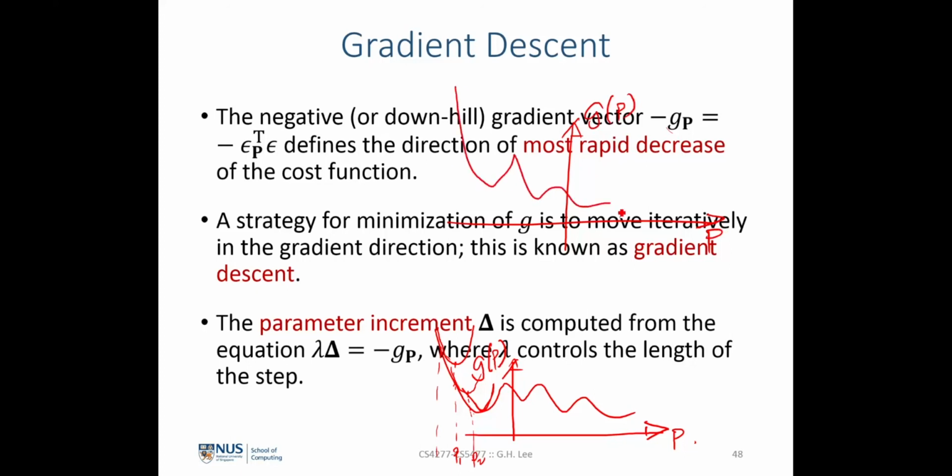If this is our cost function, what it's going to do is that at every point, starting from p0 over here, we're going to compute the gradient at this curve. And then we are going to move in the direction of the gradient, which is given by this. We are going to scale this gradient using lambda, a hyperparameter that we define, and we're going to take a step in the negative gradient direction.